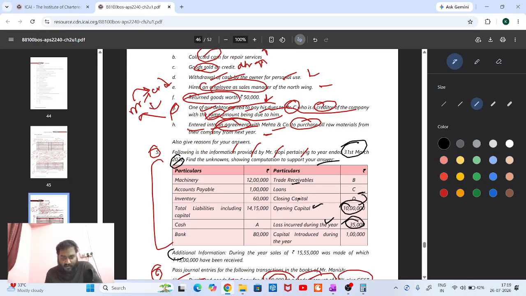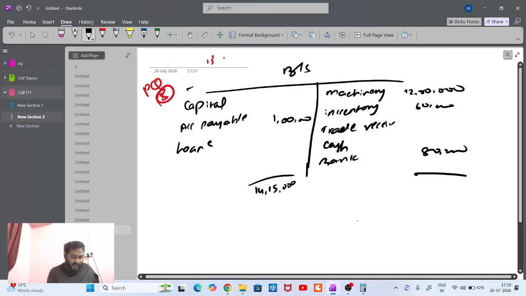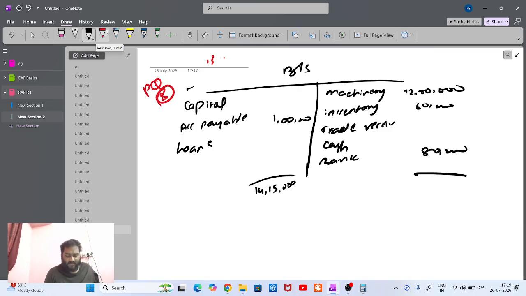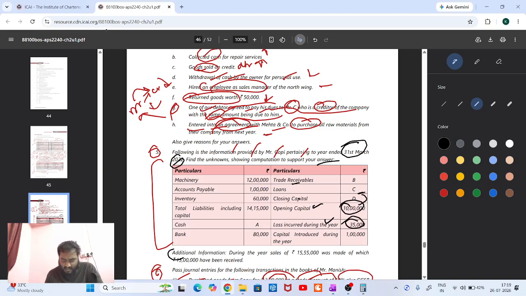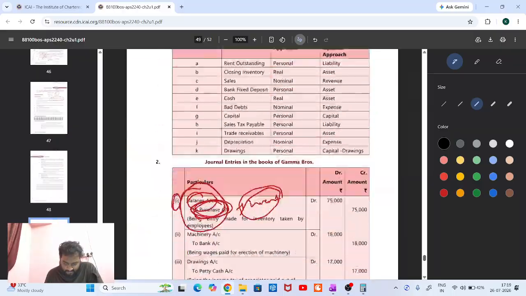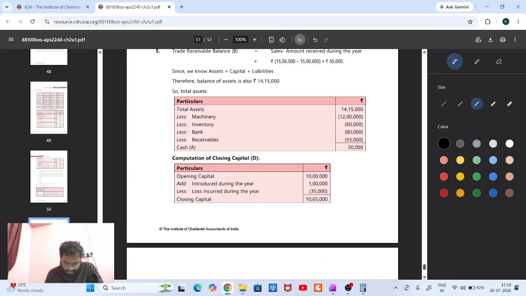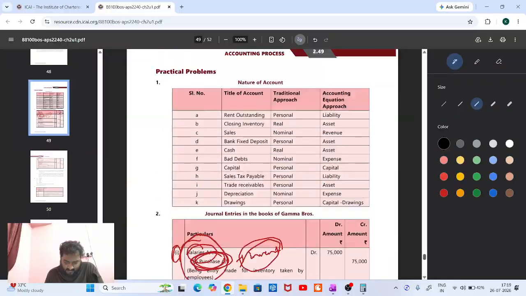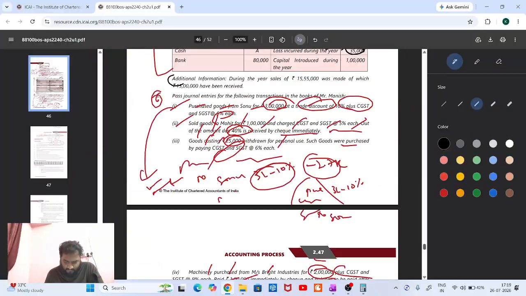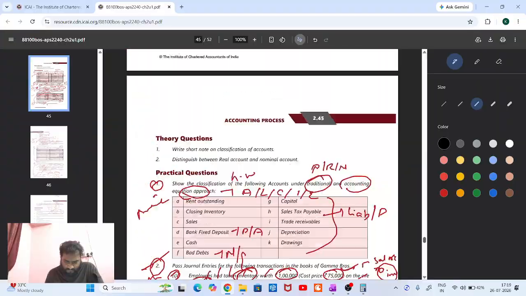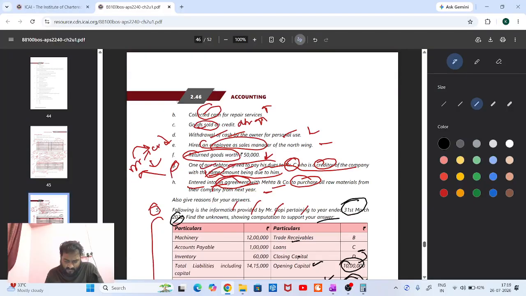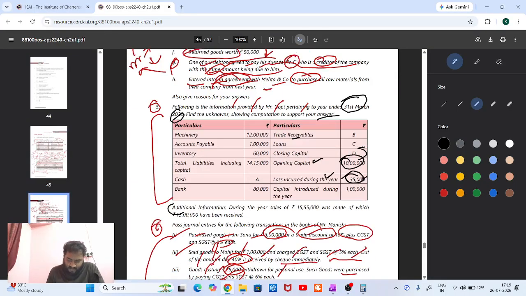We can find the closing capital, right? Opening capital minus loss. Opening 10 lakh minus 35,000, right? Yeah, got it. They have given something else too: capital introduced.